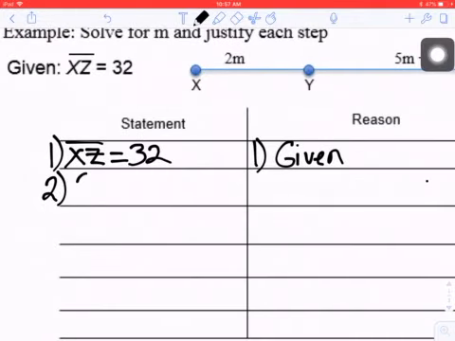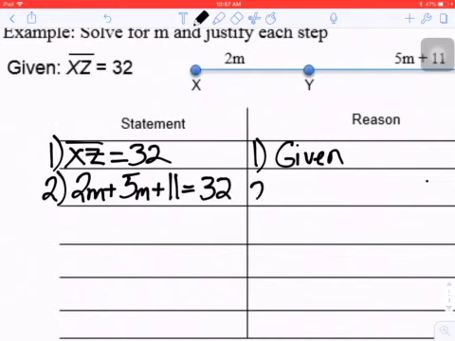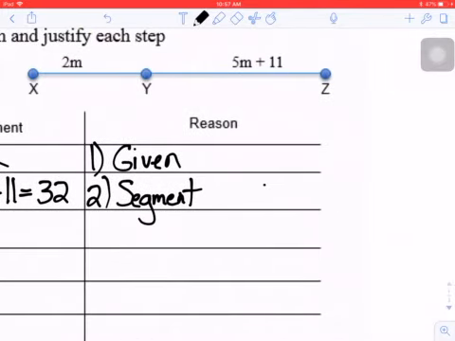So I'm going to say 2m plus 5m plus 11 will equal 32 because of the segment addition property. Remember, we're dealing with a segment, not an angle this time, so it's the segment addition, not property, I should say postulate. Excuse me. A segment addition postulate.